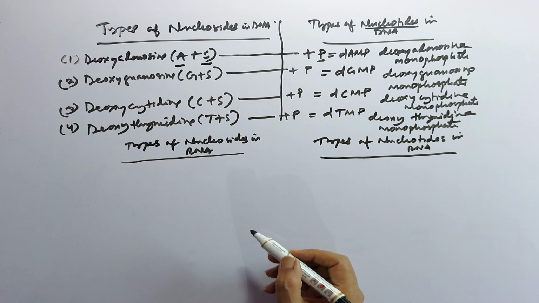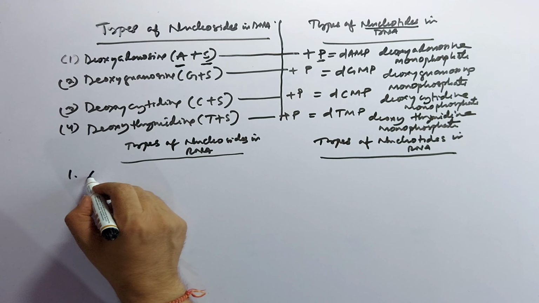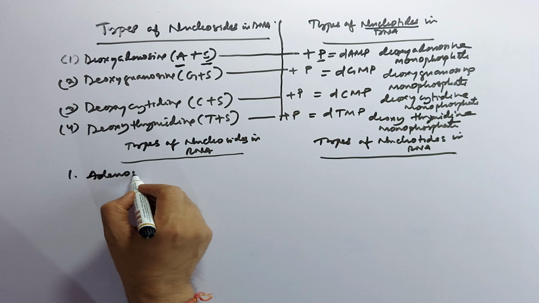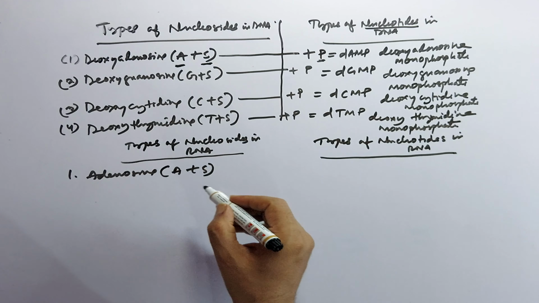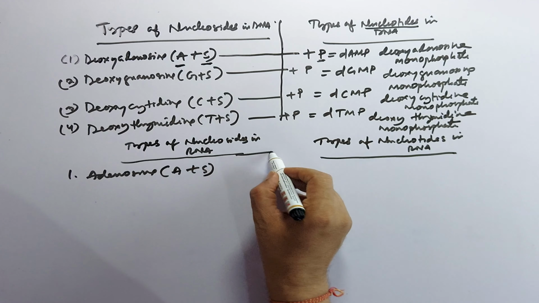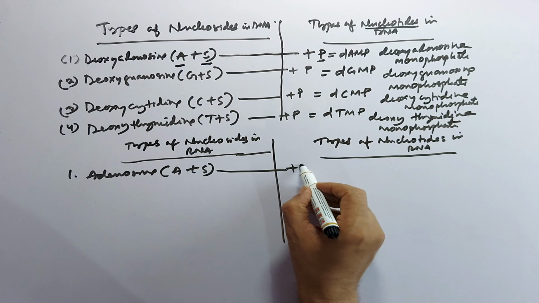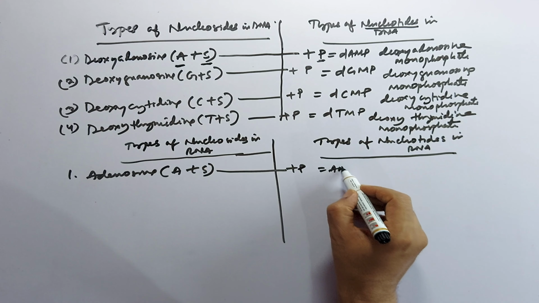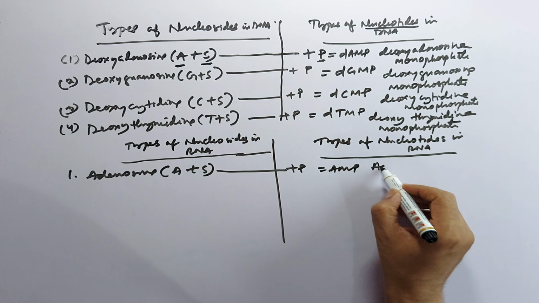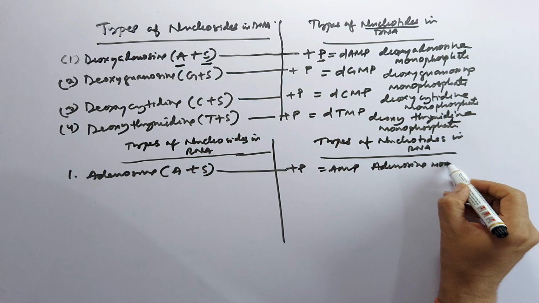The first one is adenosine, that is adenine plus sugar. When added with phosphate, it changes to a nucleotide called AMP, adenosine monophosphate.